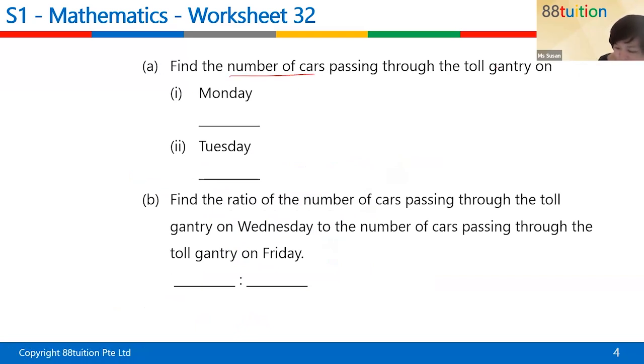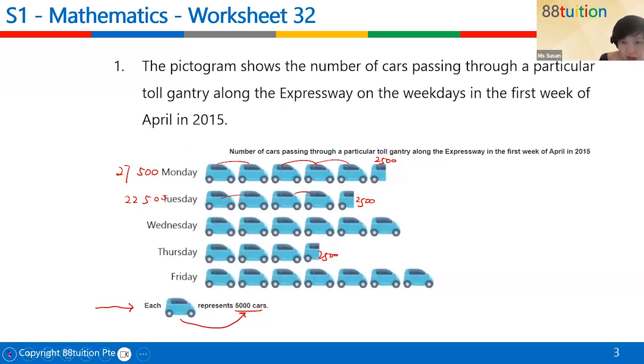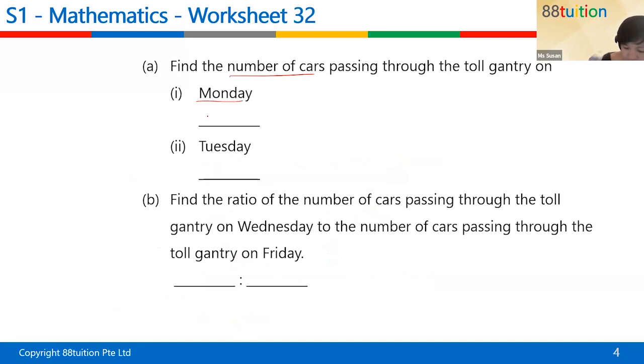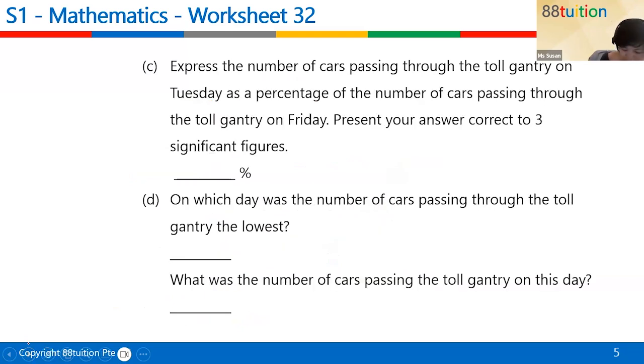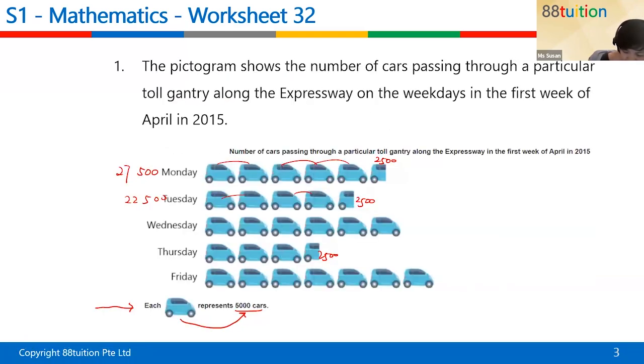The number of cars passing through on a Monday, which I have here as 27,500. How about Tuesday, which I tabulated here as 22,500.